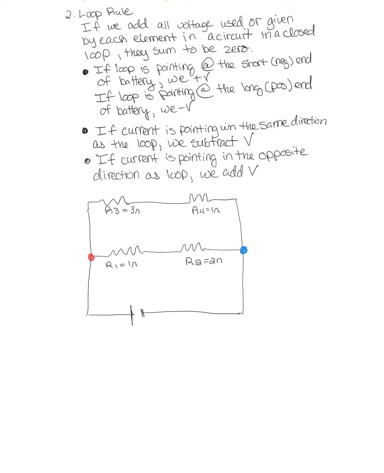And I'm going to say that this is I1, and I'm going to say that this is I2, and then I'm going to say that this is I3, and then I'll call this one I4.